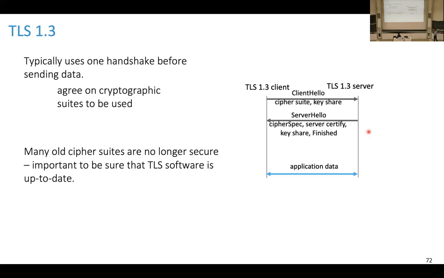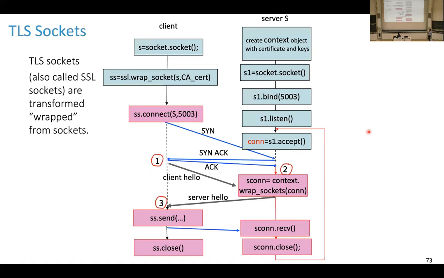So how does it work in practice with a TLS socket? This is very close to the TCP socket, and you will be able to play with that during lab 3. And the idea is as follows. As before, the client will create a TCP socket. This time it is a bit different.